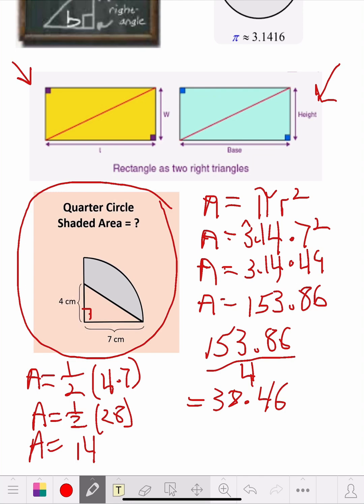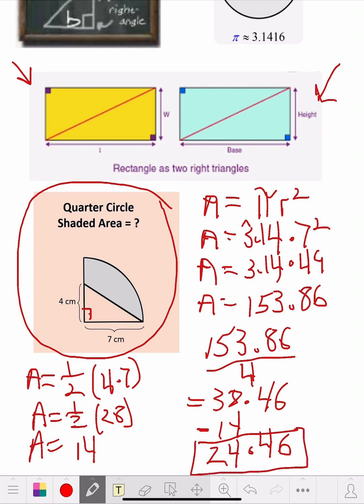Now minus 14. We'll carry that down. 0.46, carry down the 4, carry down the 2. So the shaded area is 24.46.